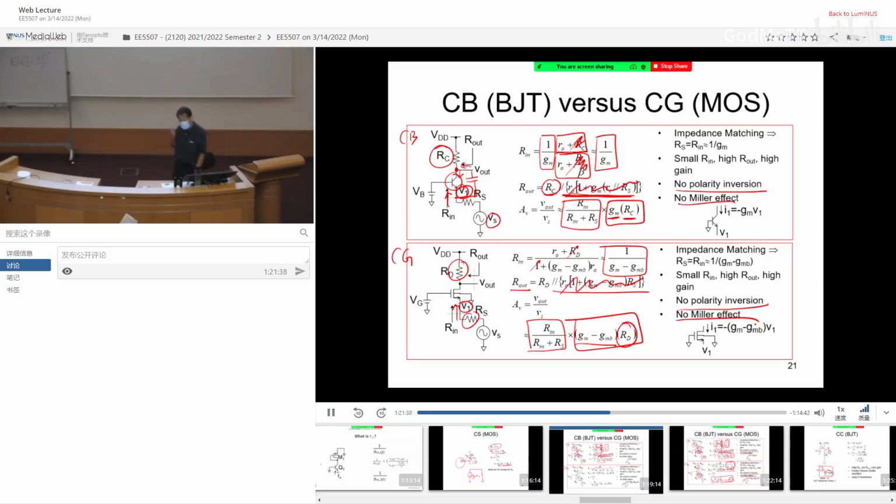There is another even better thing: impedance matching. You notice that the impedance is given by 1/Gm, and the other is 1/Gm minus GMB. If you know the values, these two are usually not big, a few tens of ohms to a few hundred ohms. This makes it ideal to match to an antenna.